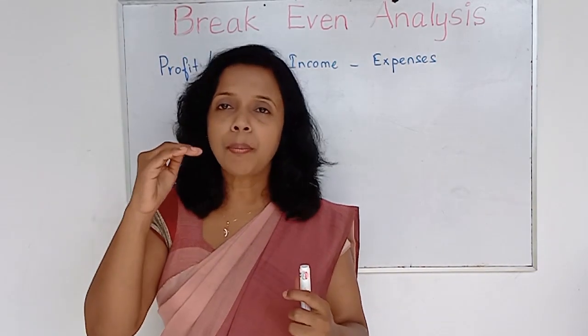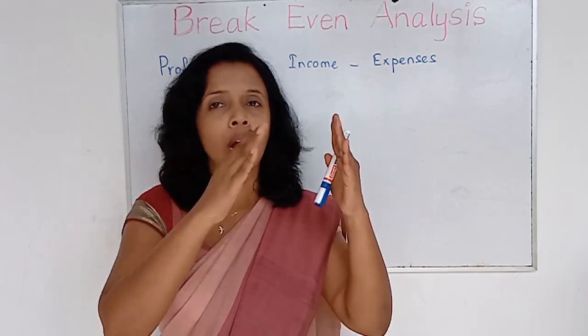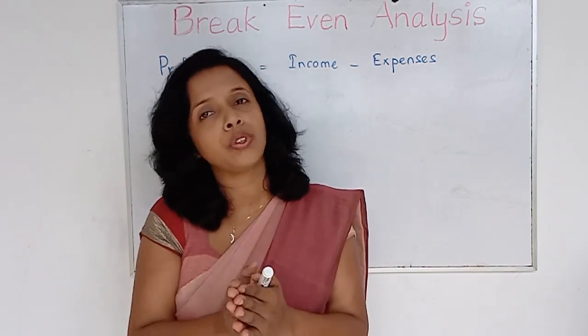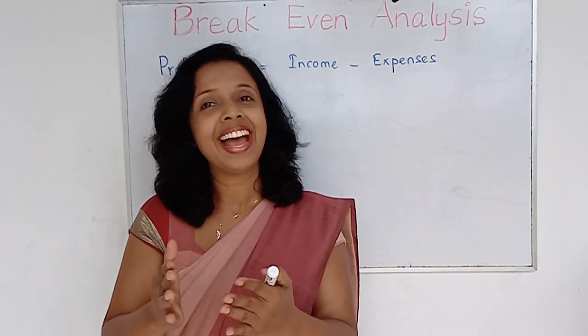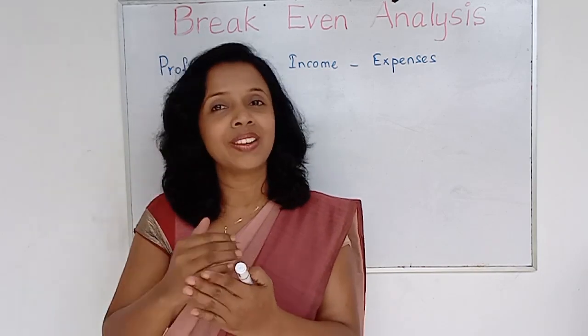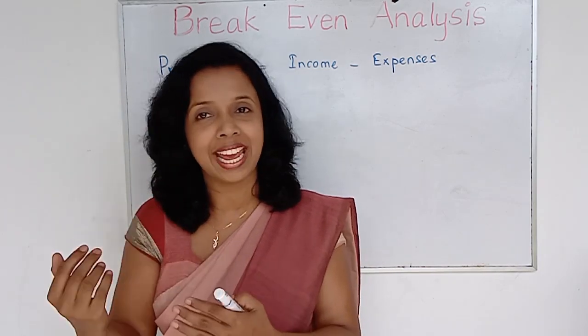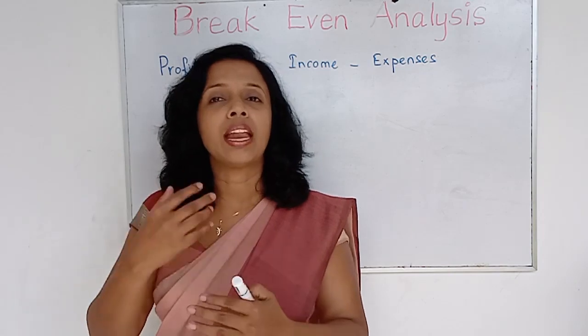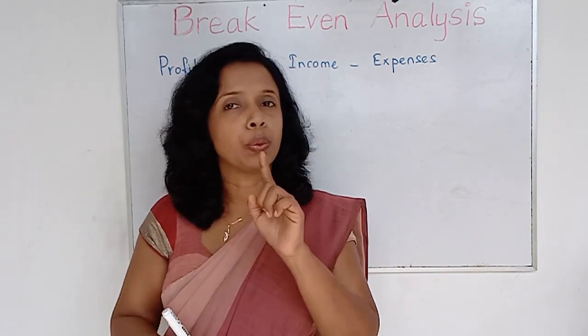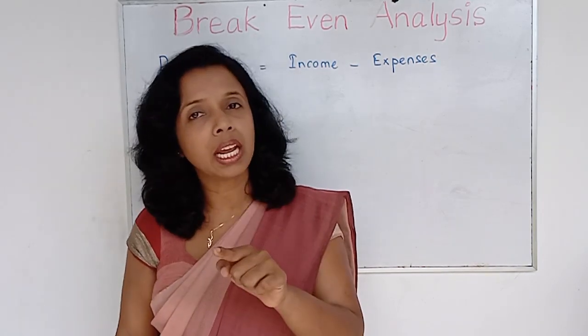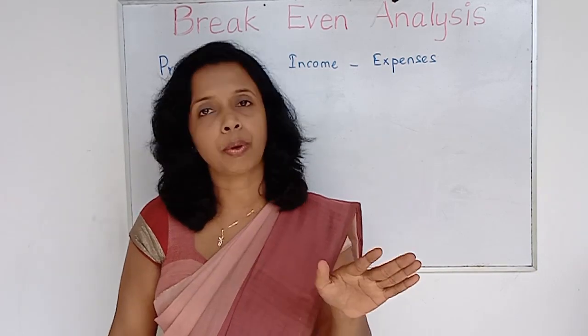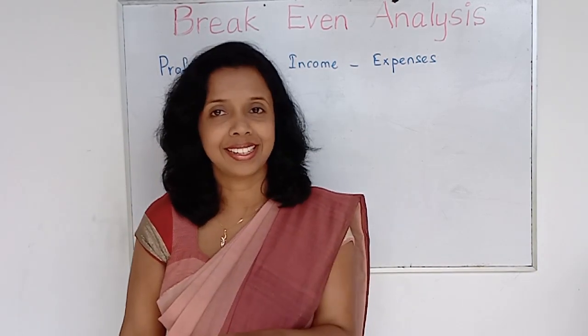So at the break-even point, you are going to cover all of your costs which you have incurred so far, and beyond that limit, whatever the number of units you are going to sell, then you can have profits. So in simple terms, at the break-even point, you don't have profits, you don't have losses, right?